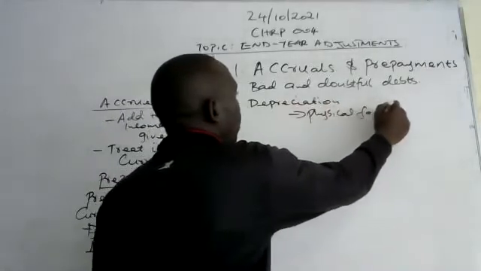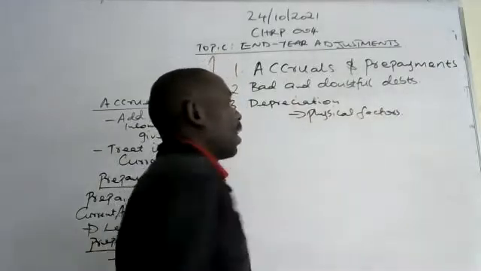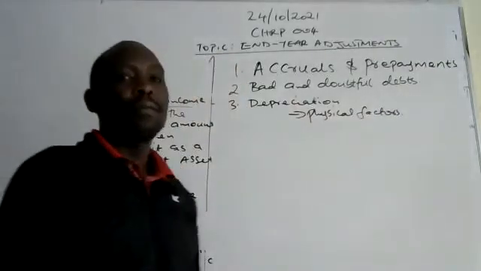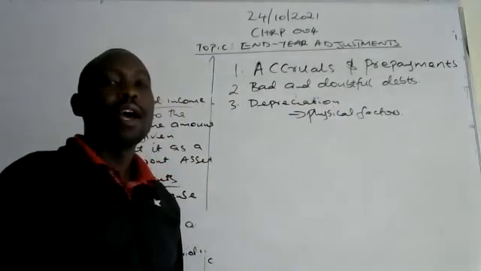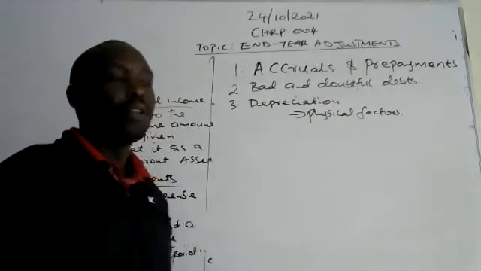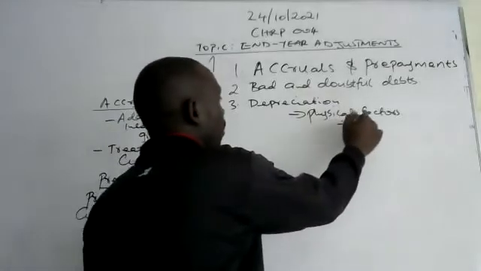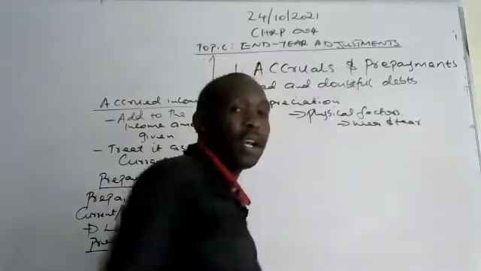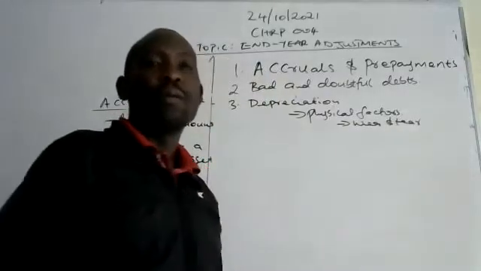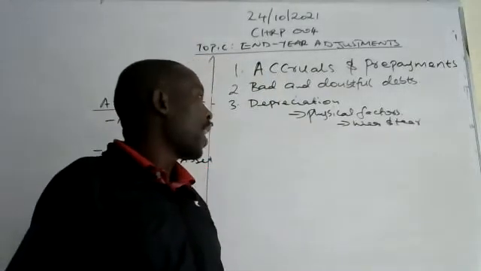Physical factors. These are factors, maybe I can call them caused by nature, and which will make the asset lose value. One of them can be things like wear and tear. As a result of using your asset, it will wear and tear.